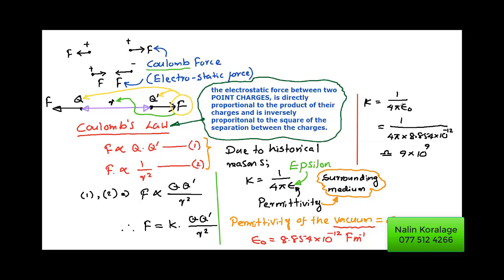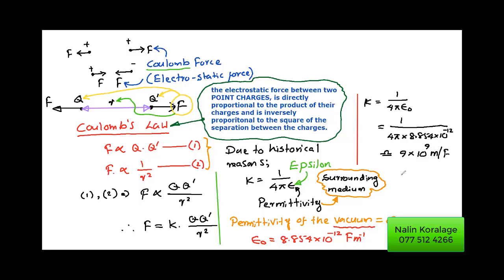So now that farads per meter should come to the numerator. Per meter becomes meters, and farads becomes per farad. So therefore 1 over 4 times pi epsilon naught has the unit meters per farad. Okay, right.